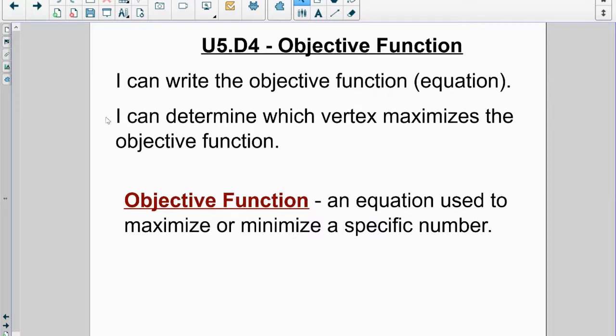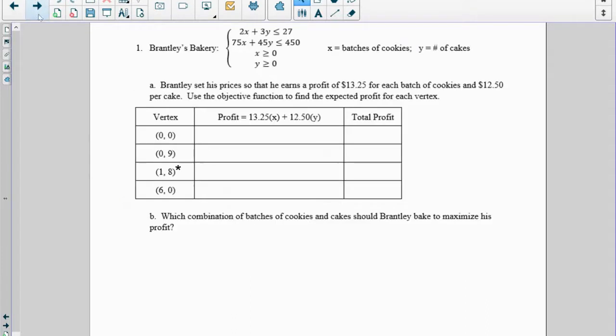And two, we want to be able to determine which vertex from the feasible region maximizes that objective function. Or in a case where you might want to find a lowest number, it would minimize the objective function. But for I believe all of them we're going to look at today, it's maximizing that equation.